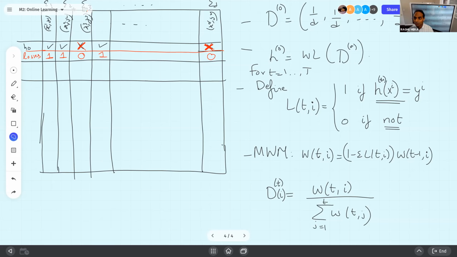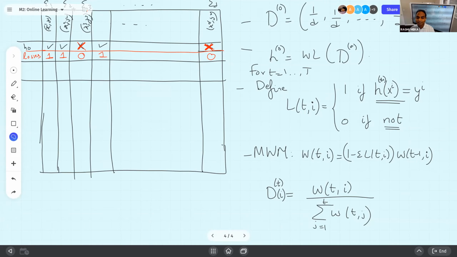So the question is, if you want to make predictions on the examples using weak learners, here we are assuming that we already know the yi's. If we already know the yi's, then why can't I just get an absolutely perfect algorithm which just outputs the yi whenever I want?